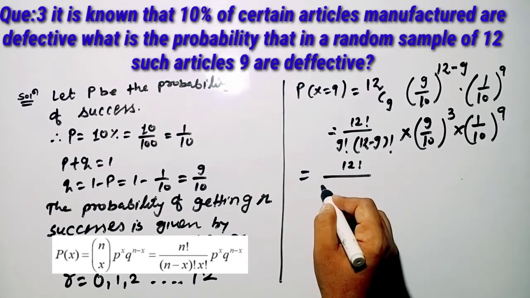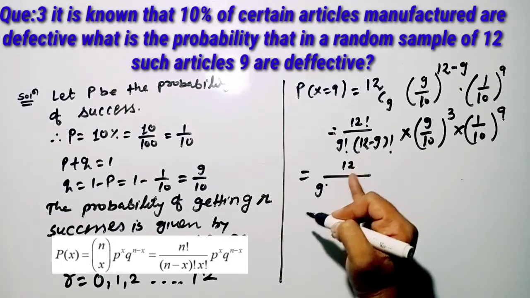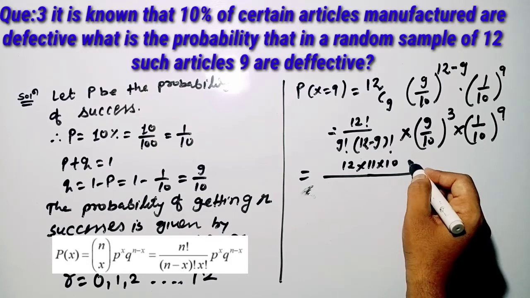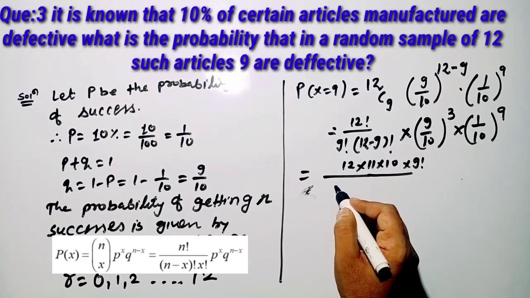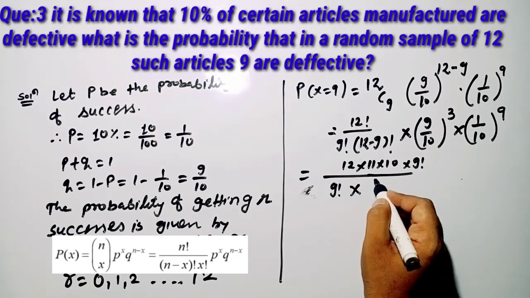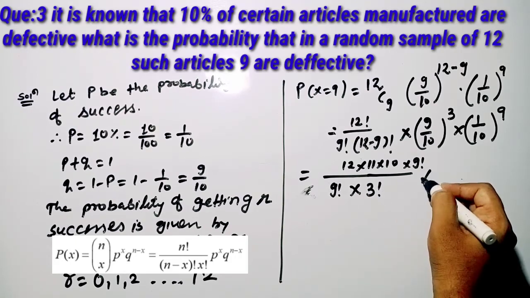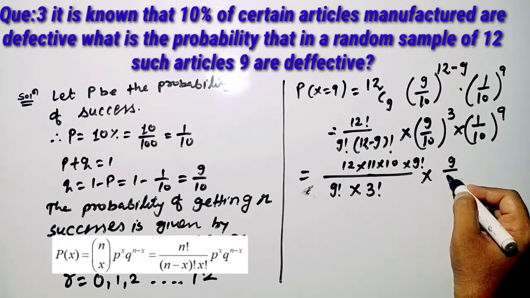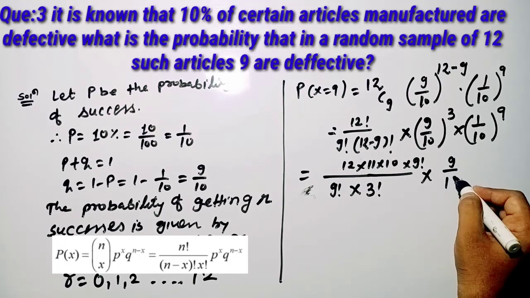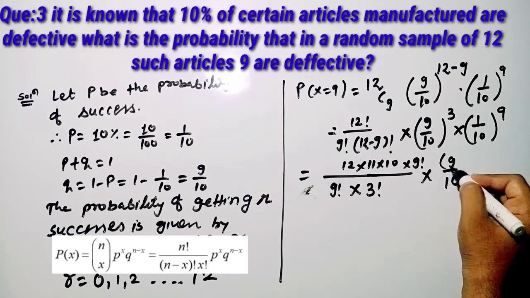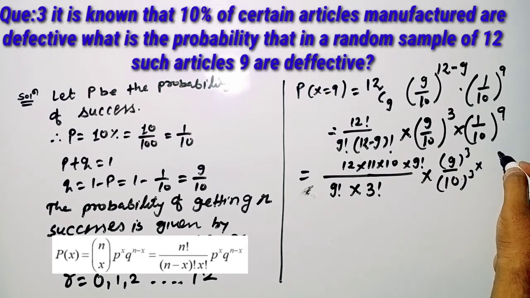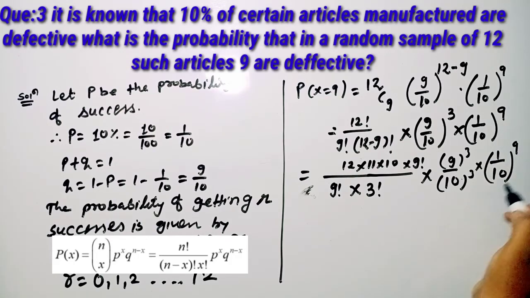Now 12 factorial can be written, students, as 12 into 11 into 10 into 9 factorial. In the denominator 9 factorial is already there, and 12 minus 9 factorial, so 3 factorial. So this can be written as 9 by 10 whole to the power 3, and here is 1 by 10 whole to the power 9.